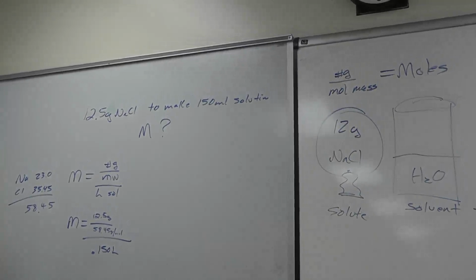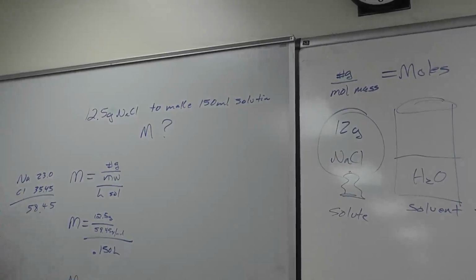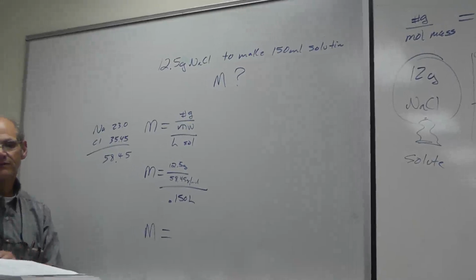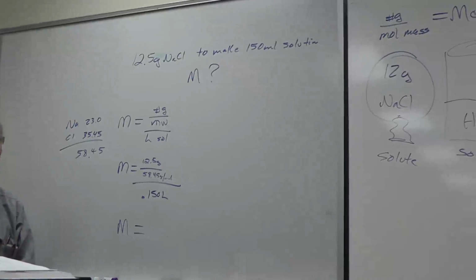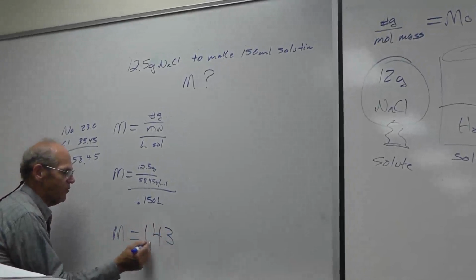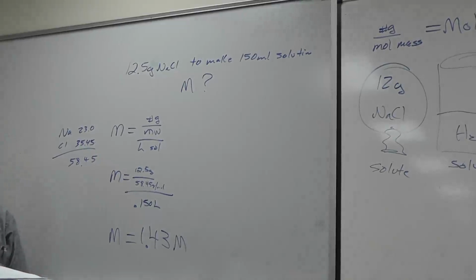You look at the way the problem's written, 3. Okay? So we're going to make sure that our molarity has 3 sig figs. Please punch them calculators and give me an answer. 1.43. Okay, and he gives you 1.43, and I think that's what we solve. 1.43 molar solution.